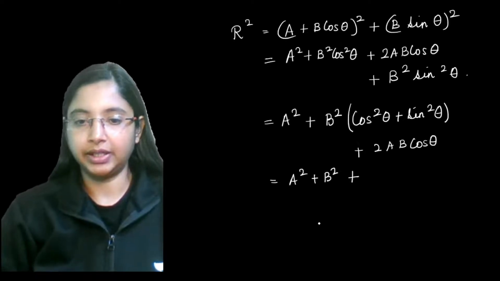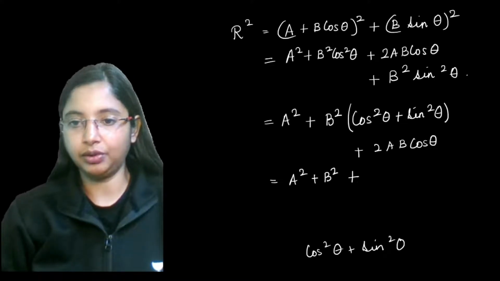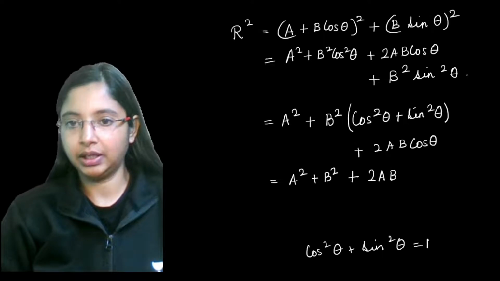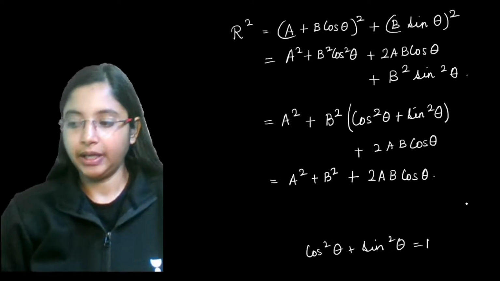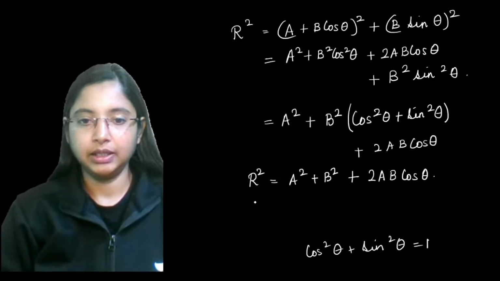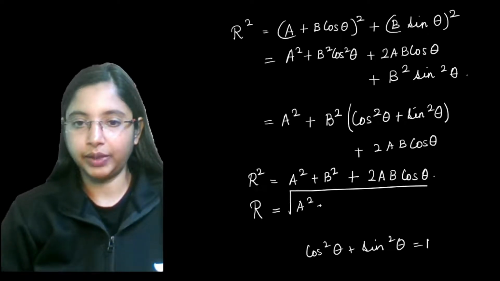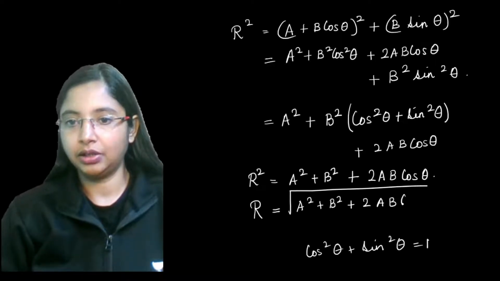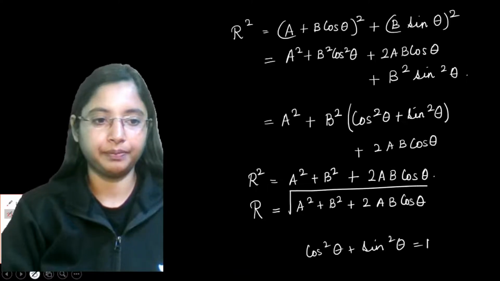So we just leave it there, because cos square theta plus sin square theta is equal to 1, plus 2AB cos theta. From here, this is R square, so R is nothing but the root of A square plus B square plus 2AB cos theta. So that gives you the magnitude of R.